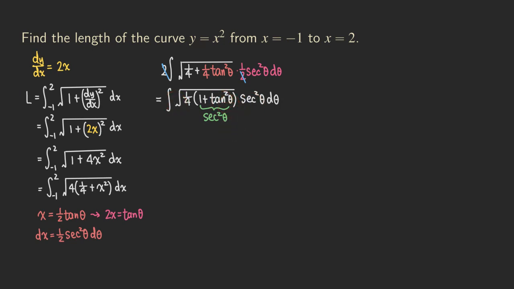So the next integral will turn into 1/2 integral, and then this one, the green one, becomes just secant theta, right? Because of the square root and the square. So you're just going to get 3 copies of the secants right here. So you get secant cube theta d theta here.